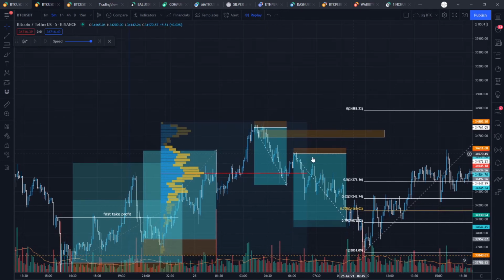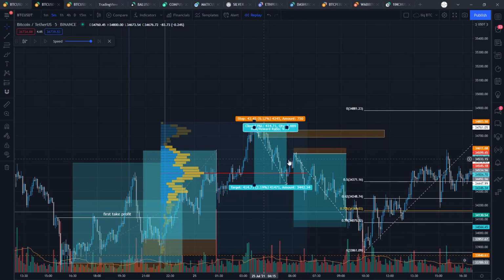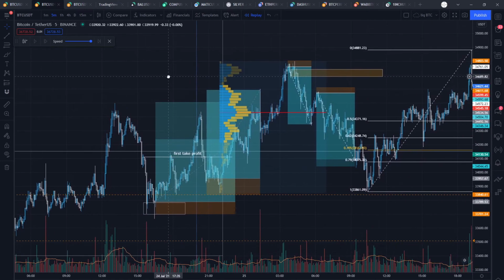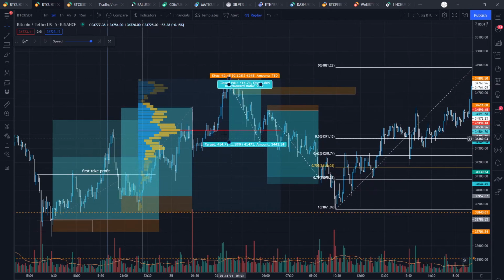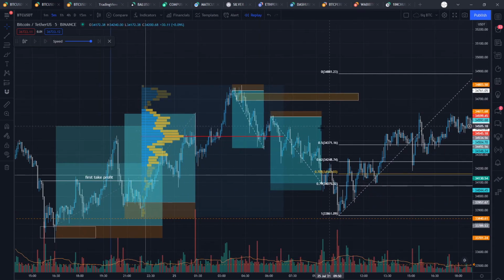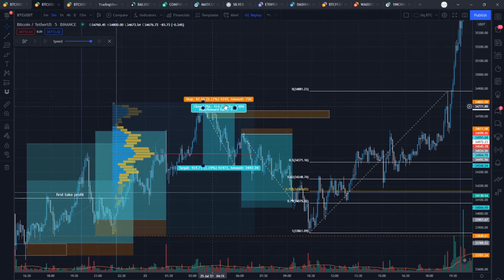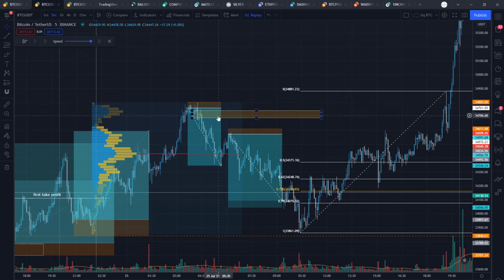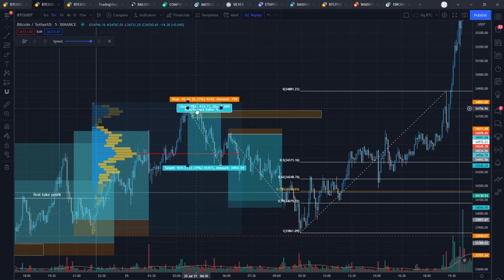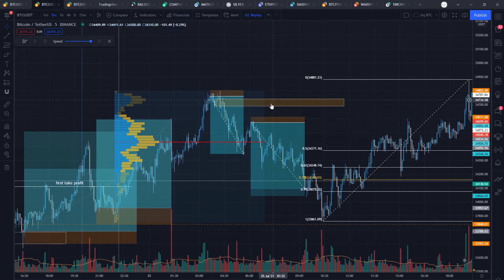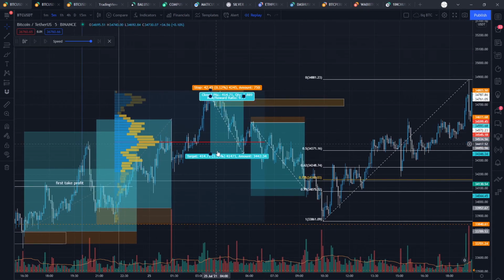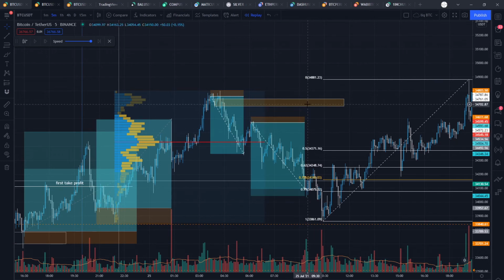So when we formed these imbalances out here, I anticipated that we were going to trade back into this area because we had already taken out the daily highs and stuff, and it looked like we formed a nice area of imbalance here, and we created a bearish order block, which was forcing price down. So I essentially just targeted these imbalances and took my trade.